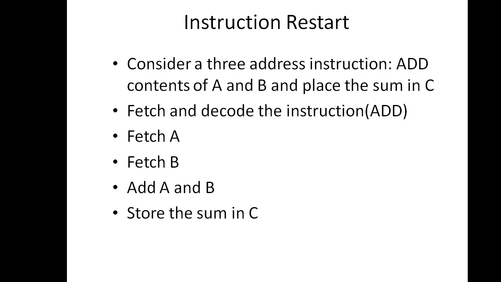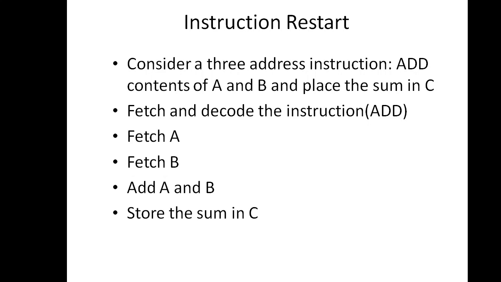Now to consider a worst case example, let us take adding a and b and storing into c, that is the instruction add a comma b comma c. In this we add the value of a and b and store it back to c. The steps involved in execution of any instruction are the following. First, we fetch the instruction.